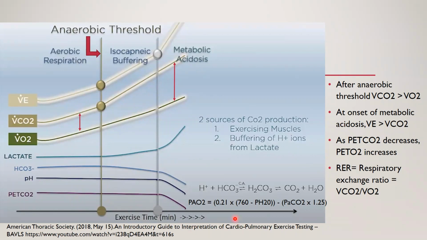If you want the exact reason why, you can look at this formula here. The oxygen in your lungs is a product of atmospheric pressure, the FiO2 that you're breathing in, and how much CO2 is in your lungs. So the lower the CO2, the higher your oxygen. The same reason why our super hypercapnic COPD patient comes into the hospital with a PCO2 of 80, they need oxygen at baseline. Okay. All right.